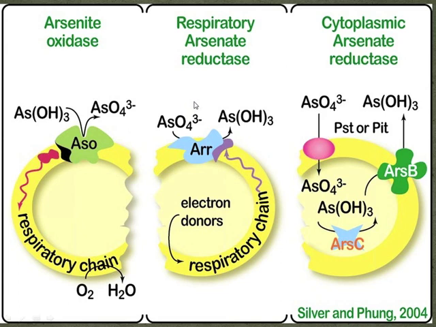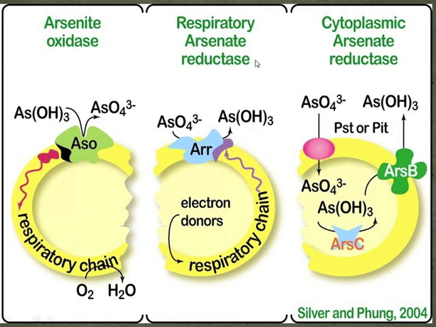Basically, this is a mechanism of anaerobic respiration where the microbe is going to take electron donors, either from a heterotrophic organic source or from an inorganic autotrophic reductant in the environment, pass electrons from this reduced electron donor through a respiratory electron transport chain associated with the membrane. And it's going to use the arsenate, the more oxidized arsenic 5 form, as a terminal electron acceptor for respiration in the absence of oxygen.